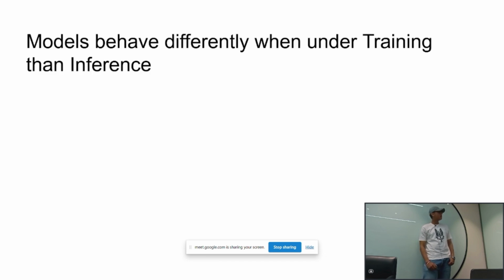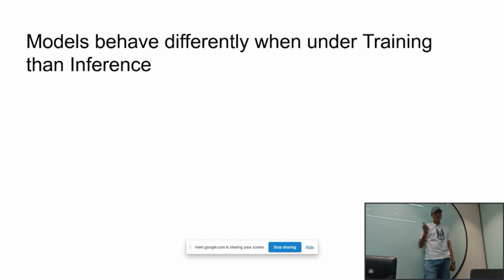Now, one thing to note is that when models are under training, they behave differently as compared to when they are under inference. Inference means prediction. So when you are training a model, you have some inputs and you have a known output.